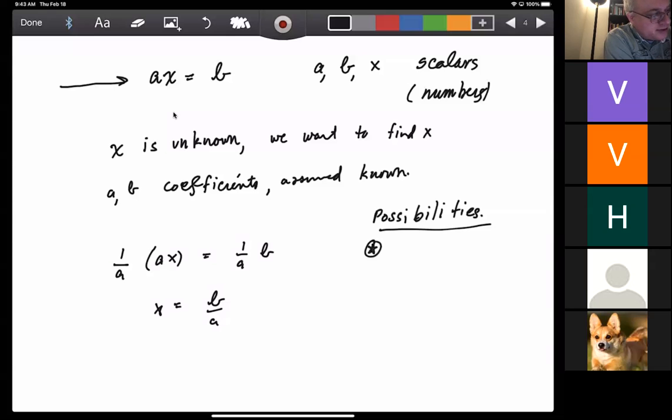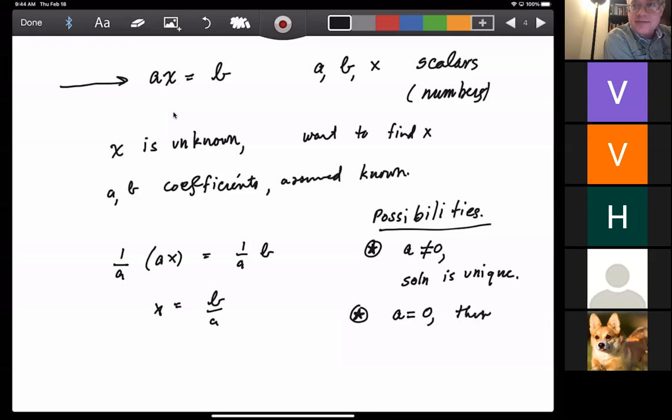So one possibility is that if A is not equal to 0, it's okay to actually do this, and we find a unique solution. The other possibility is that A is equal to 0. Okay, and if A is equal to 0, 0 times anything is 0.